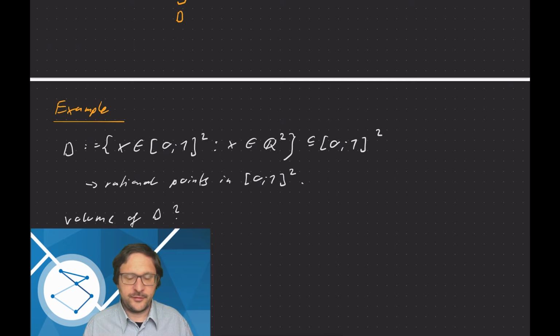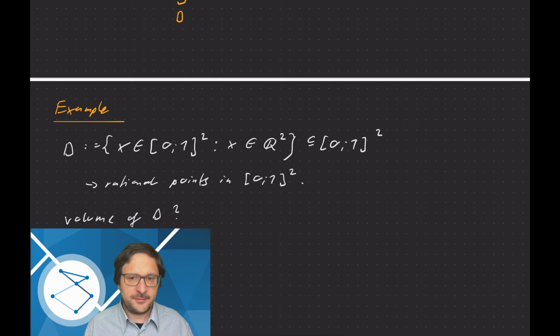So for every point in the box, in every neighborhood of that point, small as it may be, there is a rational point. So basically the rational points cover all of that box, right? So you may suggest that the volume is actually the same as that of the original box.